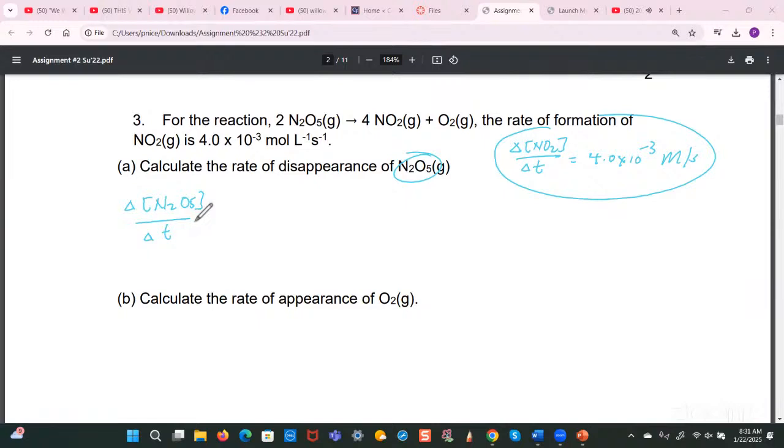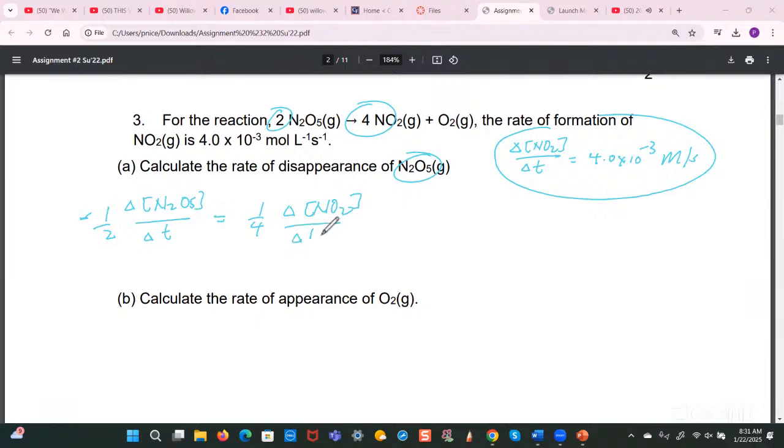Now, if we look at the stoichiometry of the equation, you see that for every 2 moles of N2O5 that reacts, 4 moles of NO2 is produced, right? So the relationship between the rate of formation of NO2 and the rate of disappearance of N2O5 is 1/2 times minus the rate of change of N2O5 is equal to 1/4 times the rate of change of NO2.